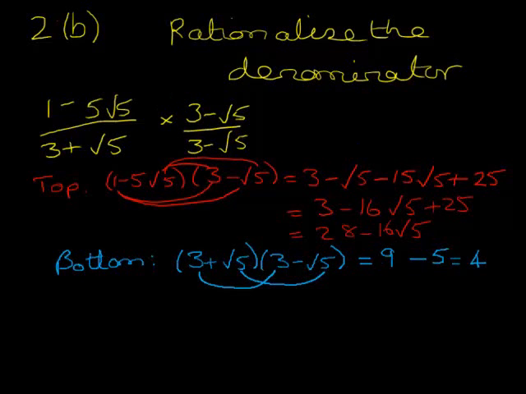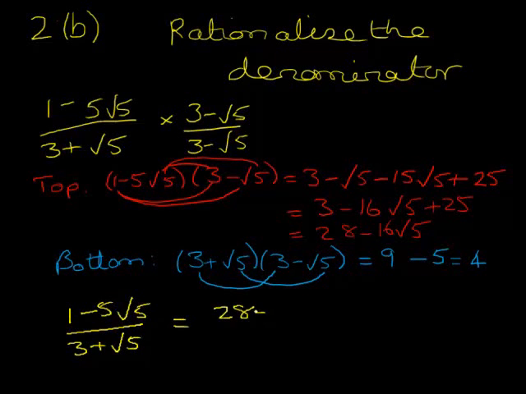So going back to my original expression, on the top of the fraction I have 28, take away 16 root 5, and on the bottom of the fraction I just have the number 4.